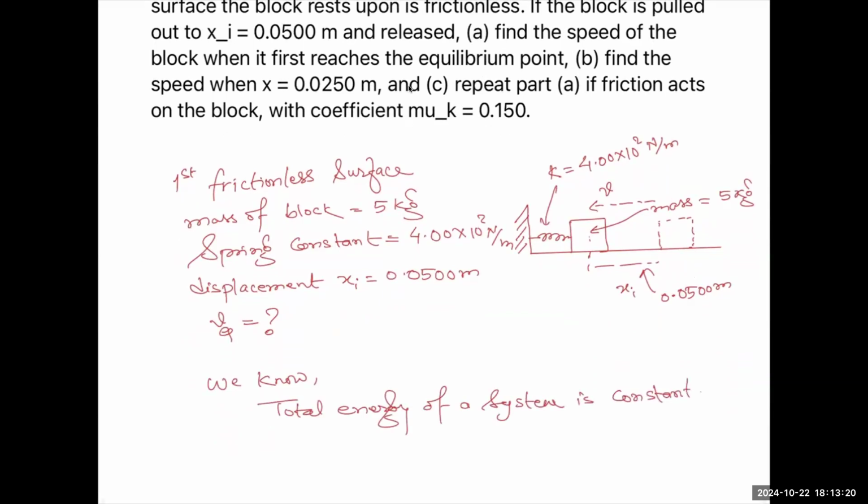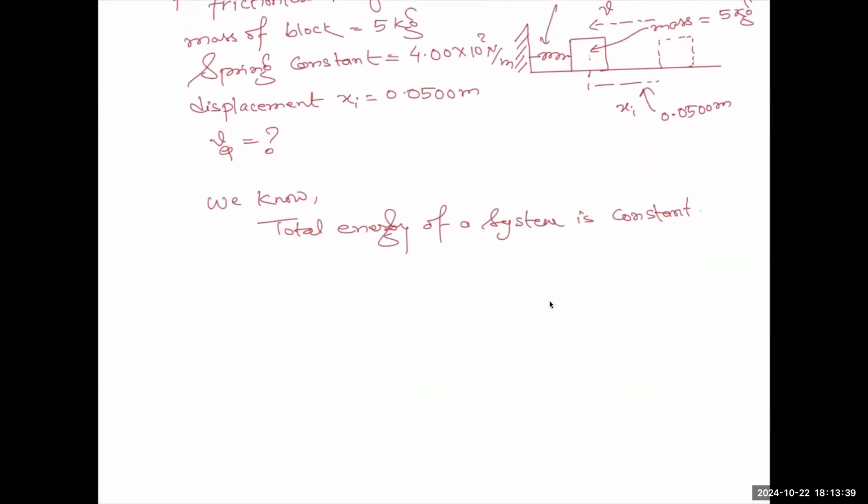If we are not looking at two different systems, just the one system. So now my initial total energy and my final total energy must be equal to each other, right? Yes.